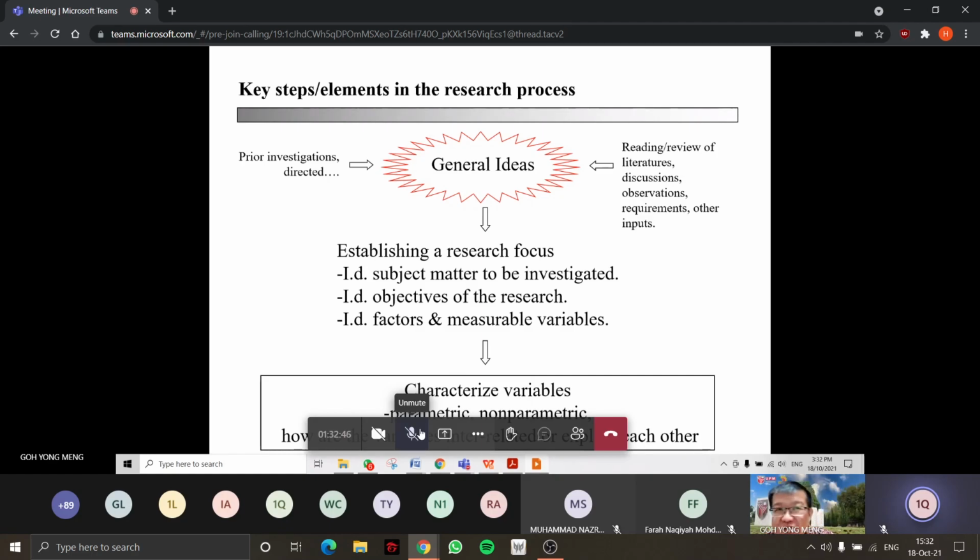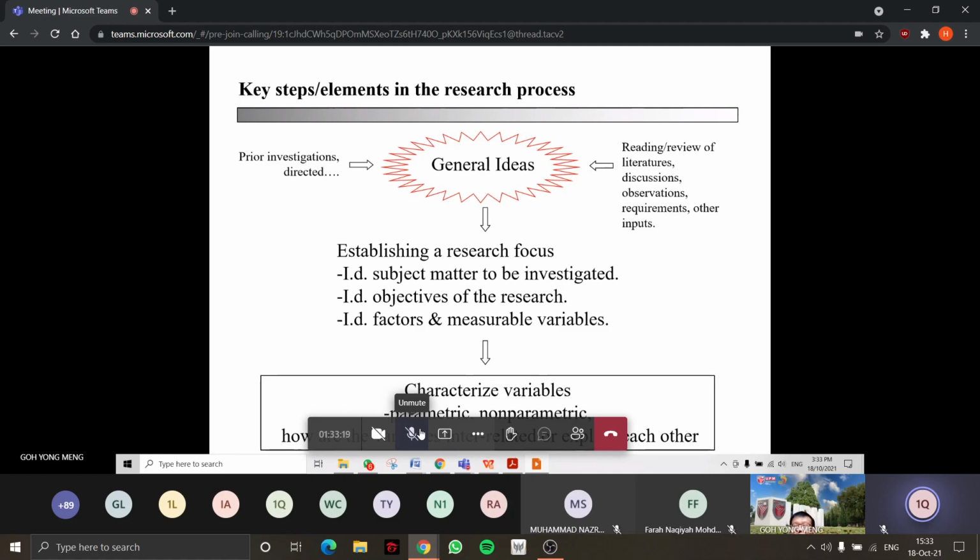So that means you could be looking at problems that is being faced by the industry, problems being faced by the sector. So it requires you to read, requires you to have discussions, requires you to do a certain degree of observation. And of course, based on that, look at prior research that is being done, particularly by seniors. They would have written somewhere recommendations. Okay, recommendations.